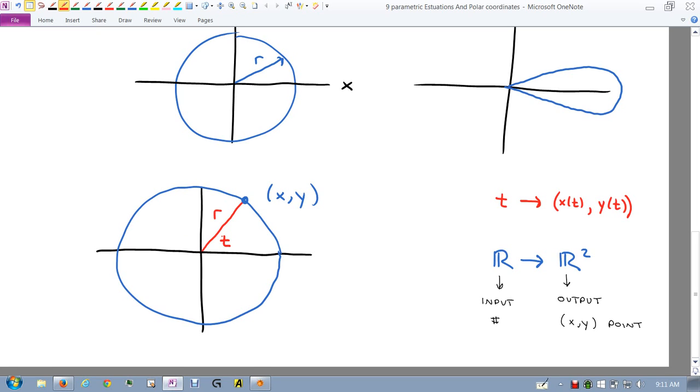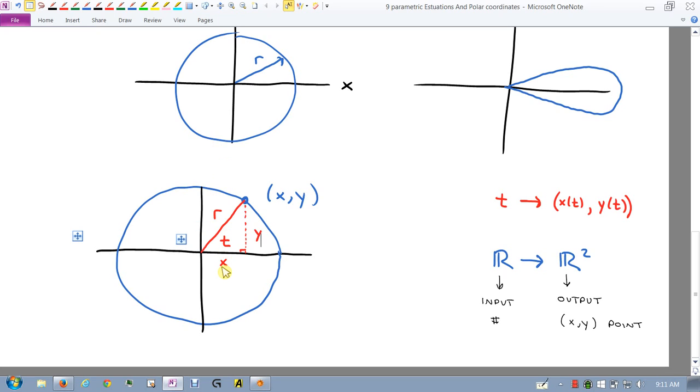If t is the measurement of this angle, then I think we can all agree, if you draw a right triangle, that x and y are these sides. So what's the relationship we have? We know r is fixed, and we know t is our parameter.